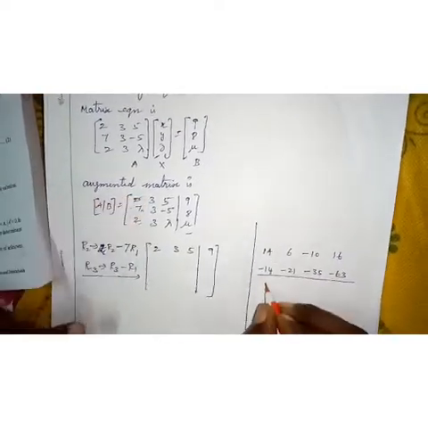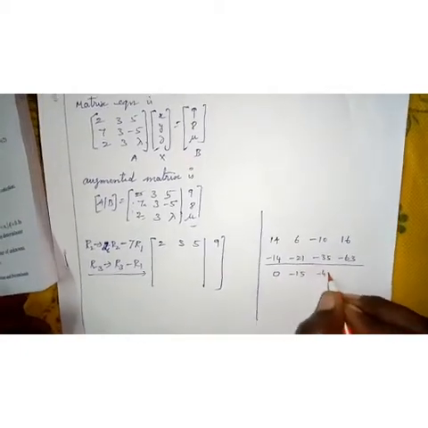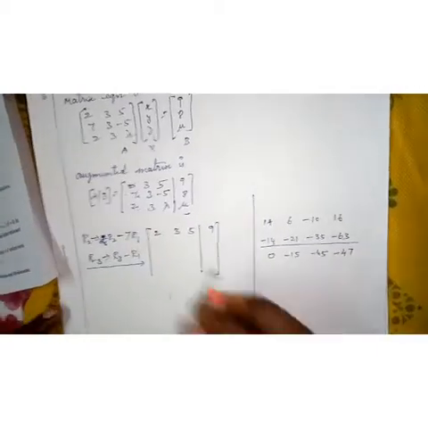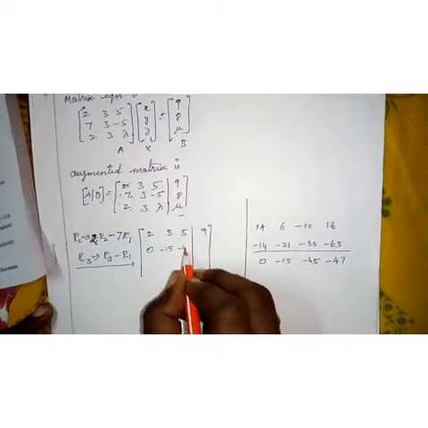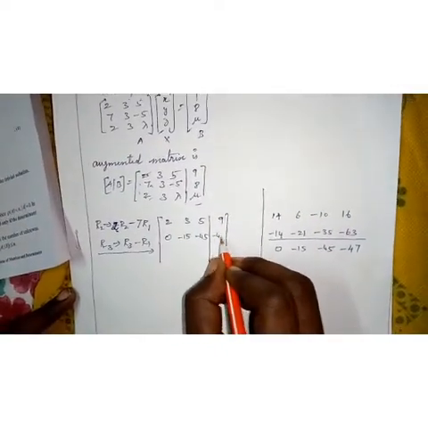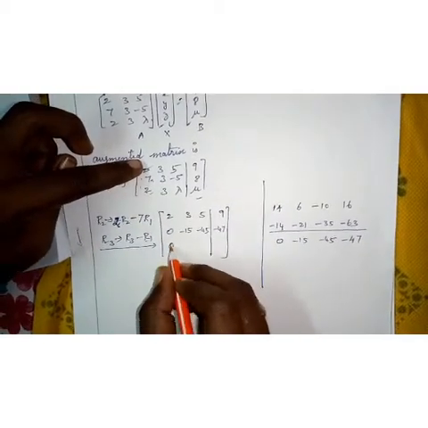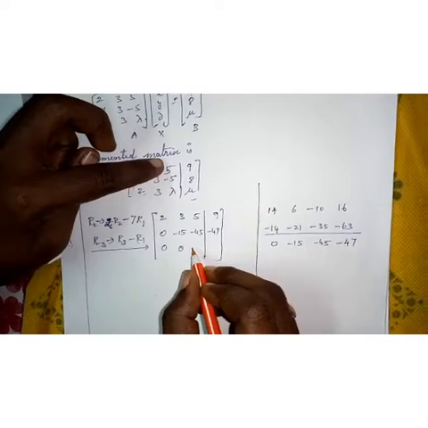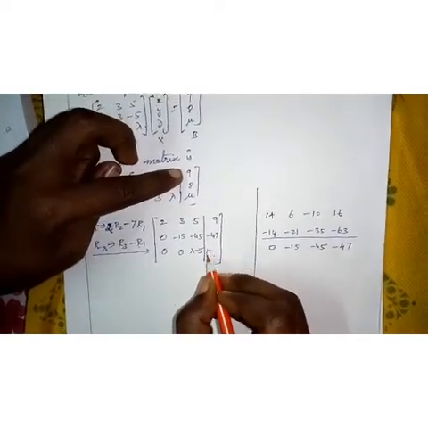Then subtracting: 0, -15, -45, -47. Write this in the second row: 0, -15, -45, -47. Then R3 minus R1: 2 minus 2 is 0, 3 minus 3 is 0, lambda minus 5, and next, mu minus 9.